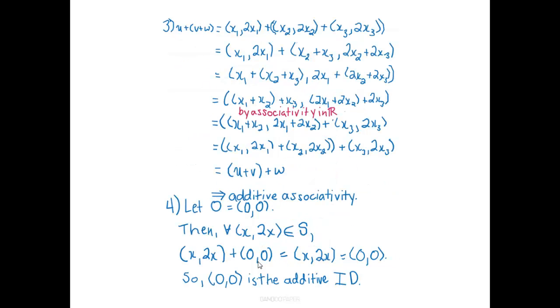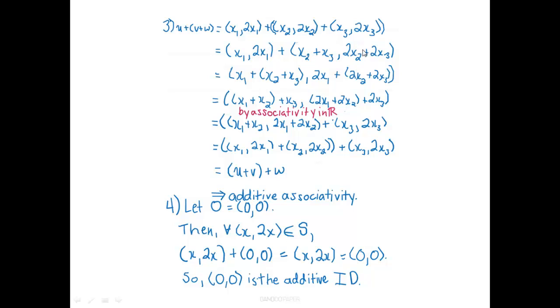Property number 3, associativity with respect to addition. u + (v + omega), that is my u, that's my v, that's my omega. I start off by adding v + omega. This is what I have, and that's my u. Now this is a vector.